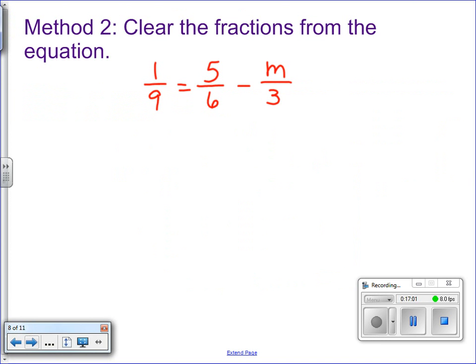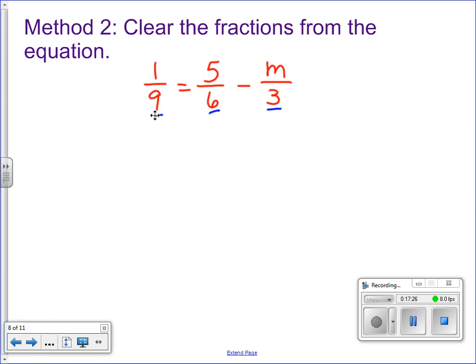All right, in method 2, what we're going to do this time, rather than find a common denominator, is we're going to clear the fractions from the equation so that we don't have to deal with them. Now, to do that, we still have to think about what number 9, 6, and 3, our denominators, all will divide into equally.